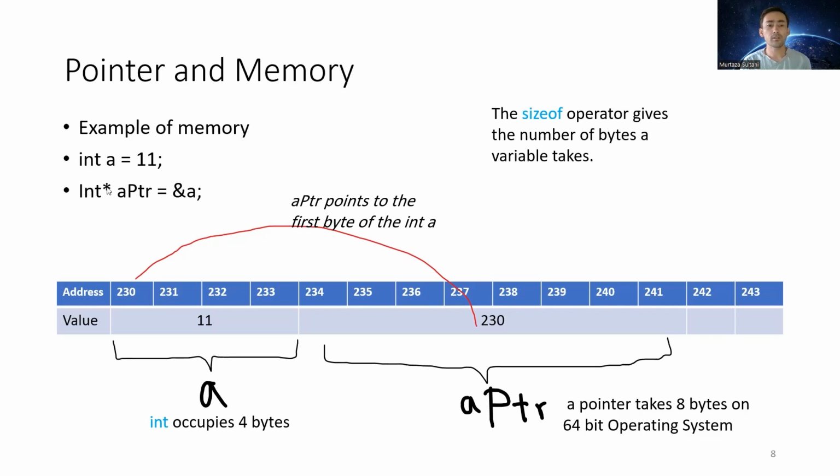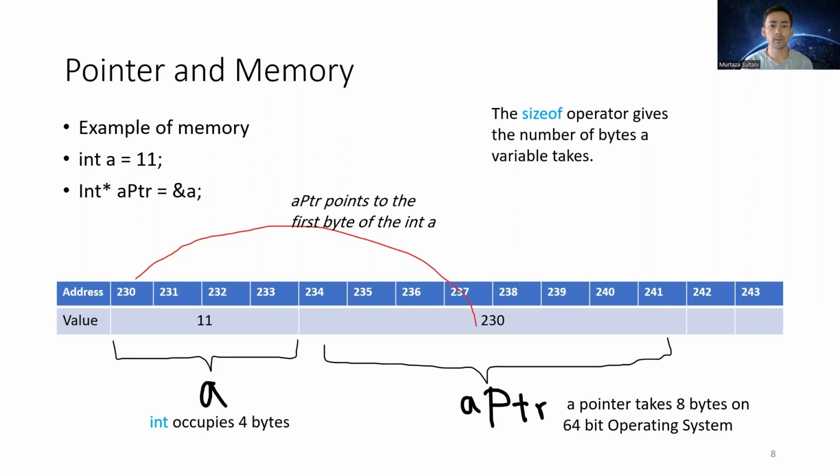And when we initialize integer a with number 11, the integer type actually determines how many slots or how many units of space the variable a occupies.